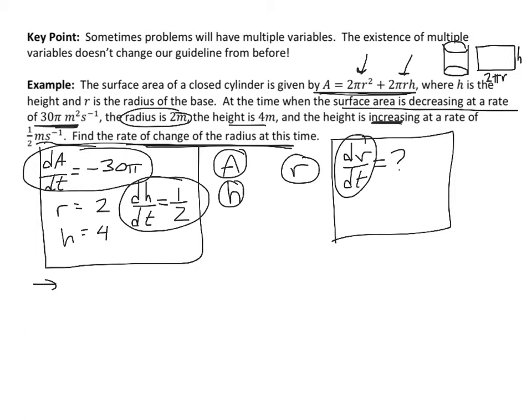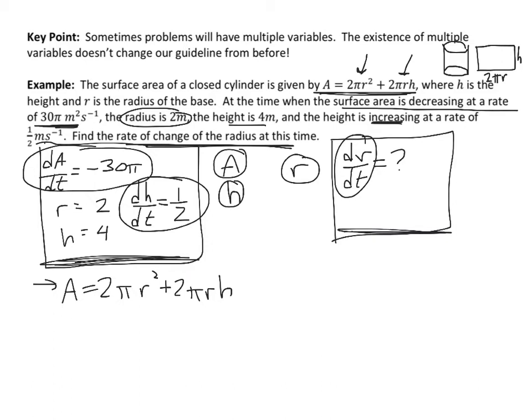And so if I just take this formula, this 2 pi r squared plus 2 pi rh, and take the derivative with respect to t, I will more than likely just be able to plug in all of these things and find out what this is. So let's give that a shot. I'd really recommend that you pause the video here and take the derivative of this, see if you can plug all these numbers in, make sure that mechanically you're comfortable with what's happening here, so that all we really need to focus on is the setup and pulling all of this information together.